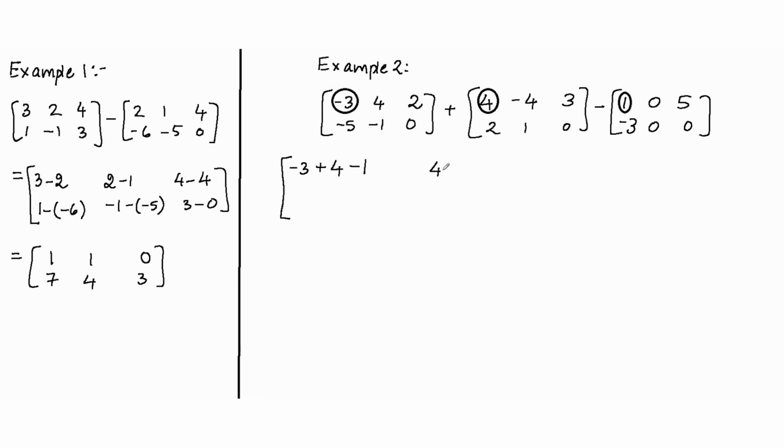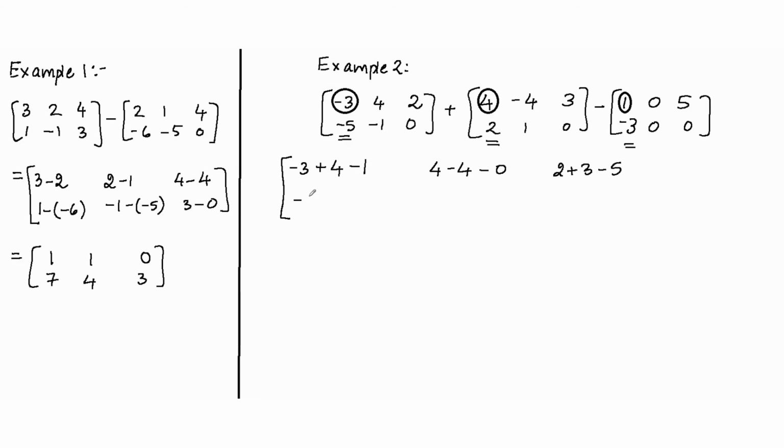Then I have 4 plus of minus 4, that's minus 4, minus 0. Then let's take a look at the next element. The next element would be 2 plus 3 minus 5. Then second row, first column. So let us mark all the elements.